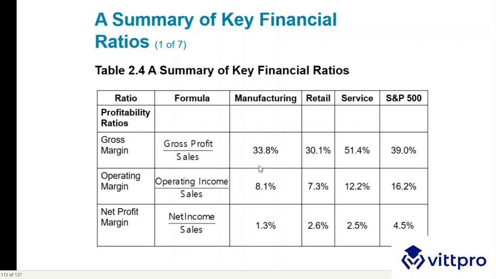Generally, manufacturing has a higher profitability ratio compared to retail, but service has much higher, obviously, because service has fewer expenses, right? But the overall industry average is 39%. Operating margin and net profit percentage ratios are similar everywhere, 2.5%, 2.6%, 1.3%. S&P 500 only is 4.5%.